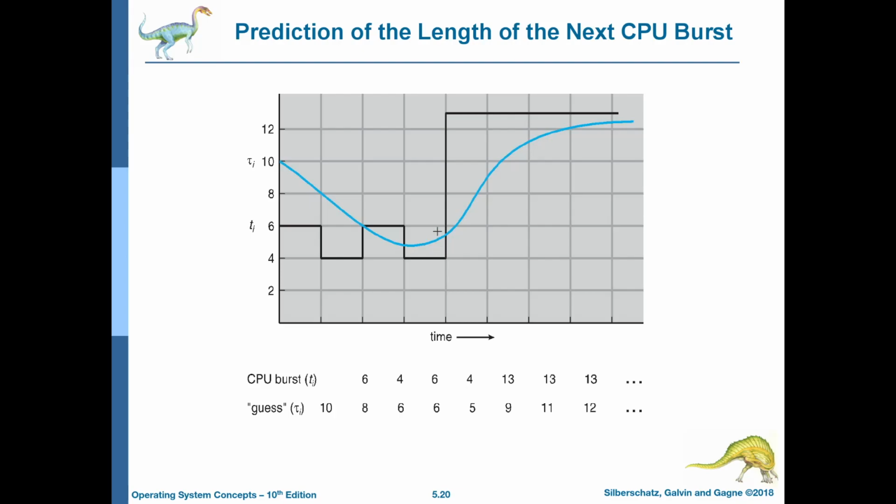Until at this particular time, it goes into a high burst, at which point the exponential average starts climbing up again to match this long length of time where there are many long bursts for this particular job. So you can see that exponential average is a nice smooth curve compared to the rather jagged burst curve, but it does fairly closely predict how that curve will look.